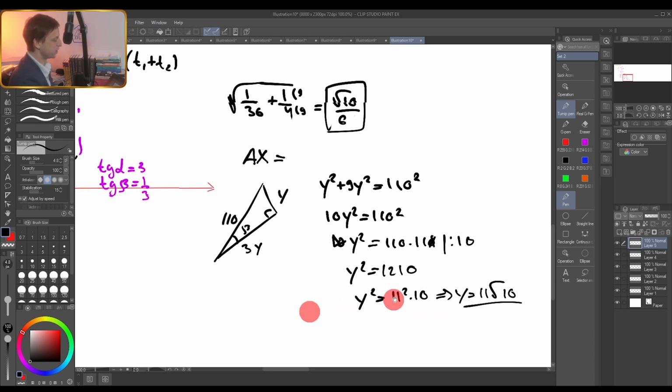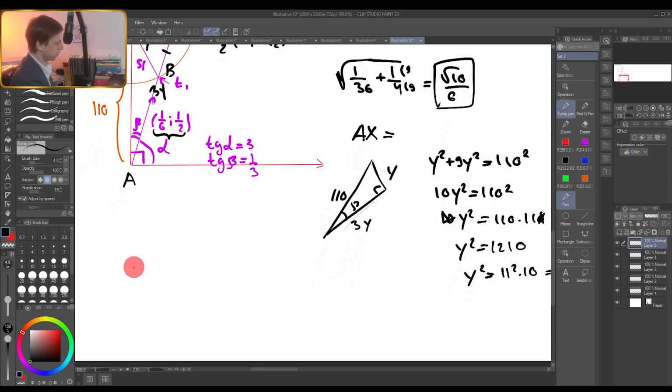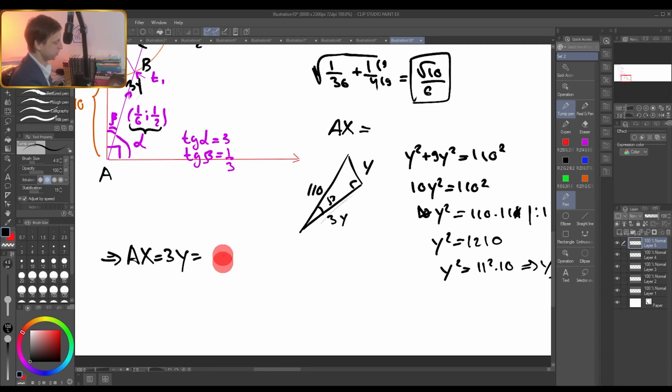Great. y equals 11 square root of 10, and we are interested in this distance AX, and this distance AX is simply 3y. Therefore, AX equals 3y equals 3 times this one. It is 33 square root of 10.